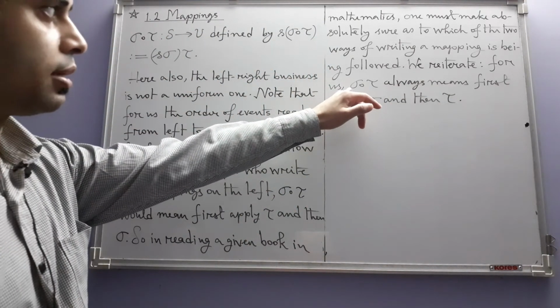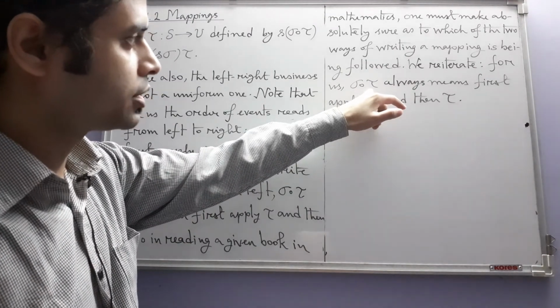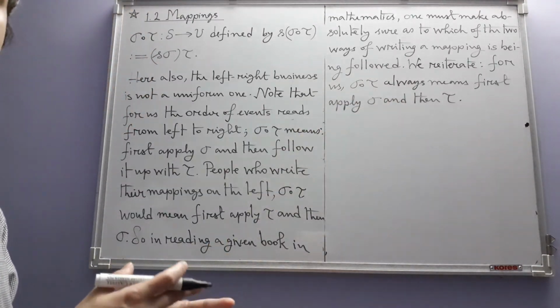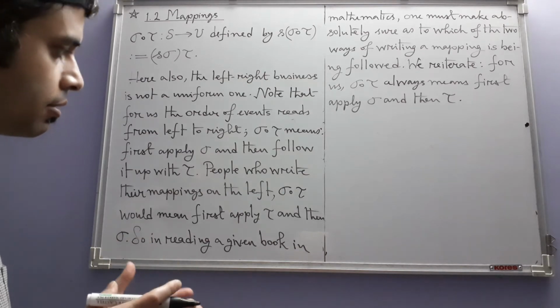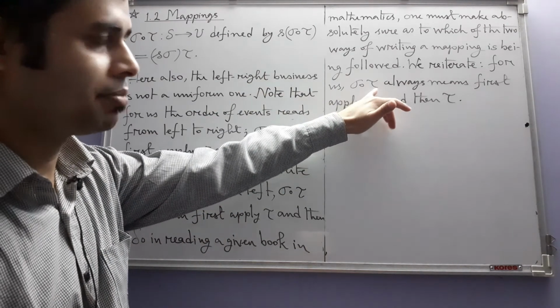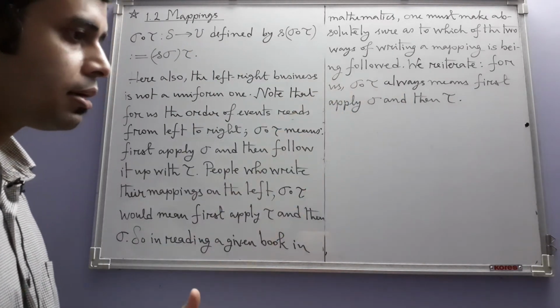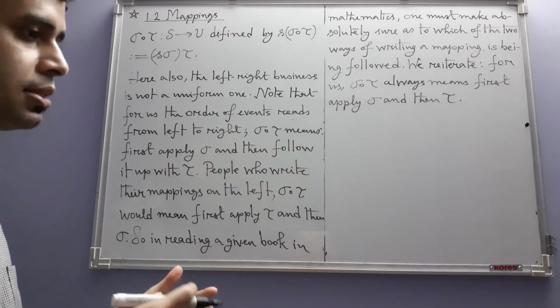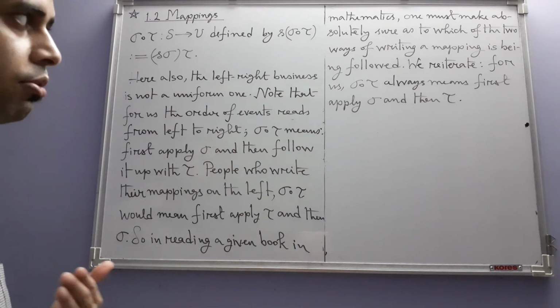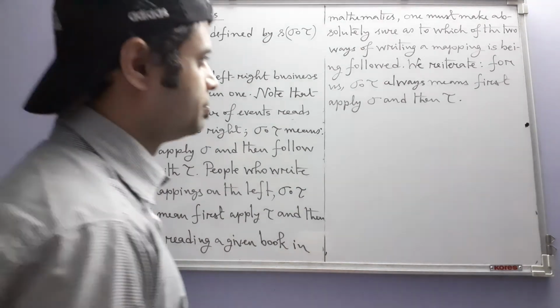So that means the order in which the mappings are actually occurring in this notation is the order in which they have to be applied. This is the reason primarily why algebraists write mappings on the right side, so that when they write the composition of sigma and tau, it is sigma composition tau. That's all. They don't have to change the order to tau composition sigma to make it happen. Okay.